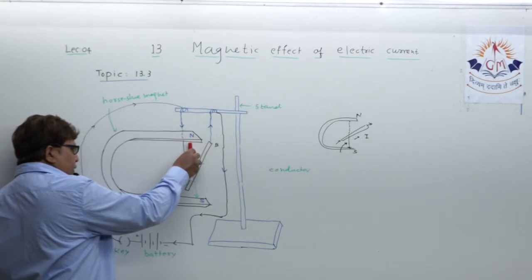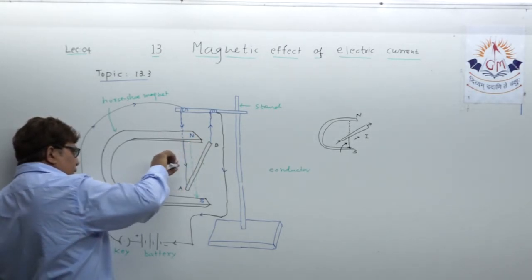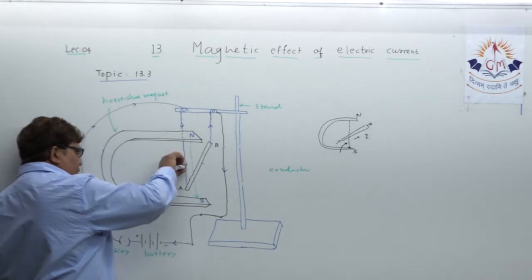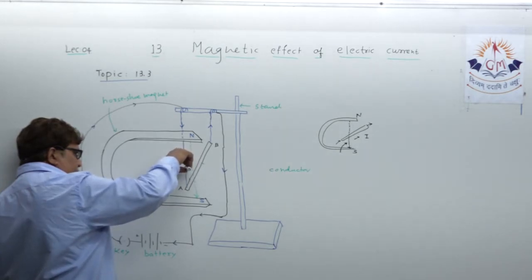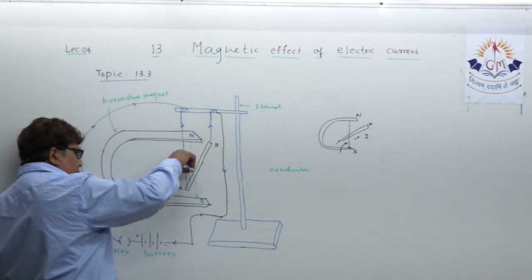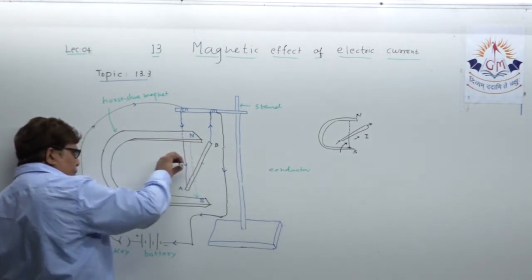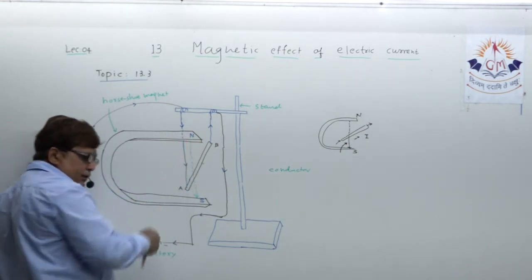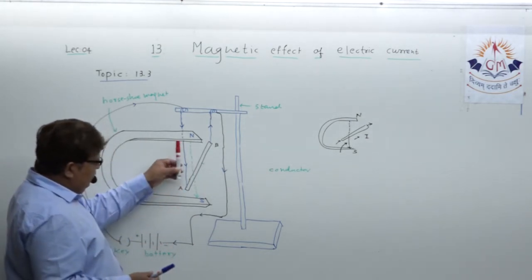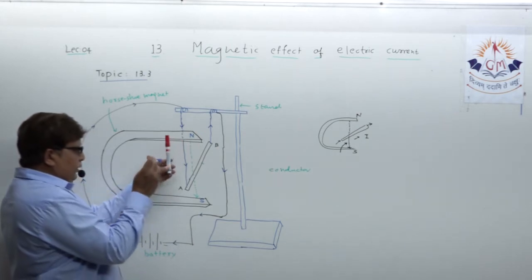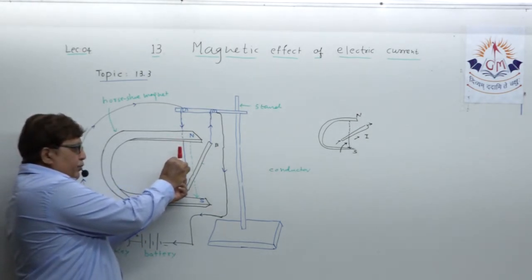Though I have shown it this way, actually it is this way. So the direction of electric current and magnetic field are perpendicular to each other. See, this is the magic of this. You understood this?